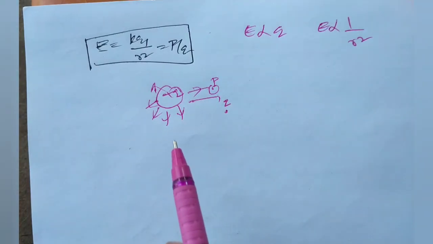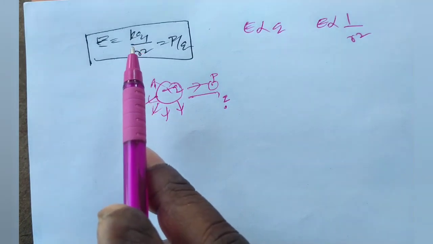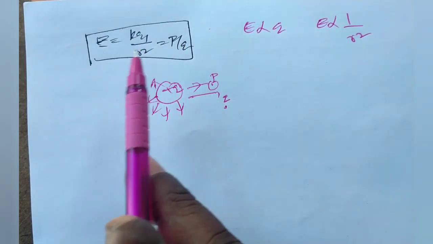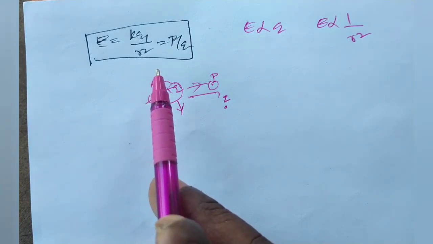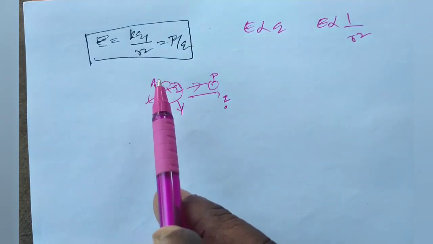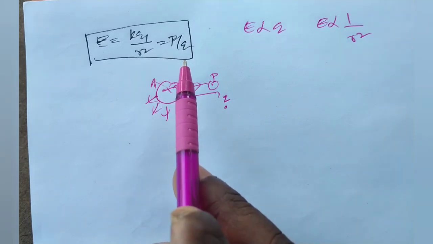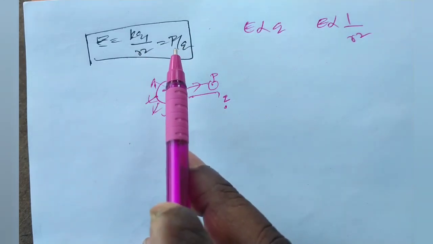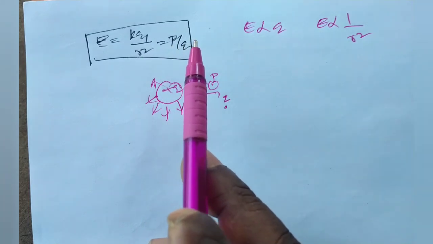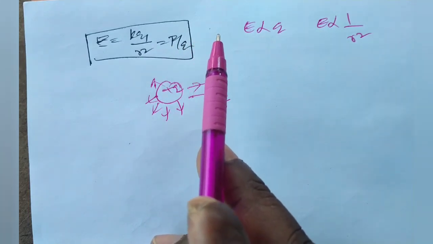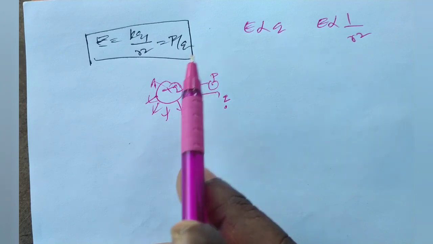Already you know the relation: intensity of electric field is the force on the point charge by the test charge, F by q naught, where the force between two charges is F equals k q1 q2 by r square.